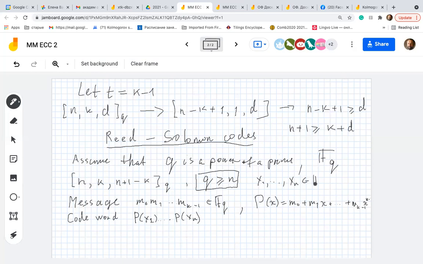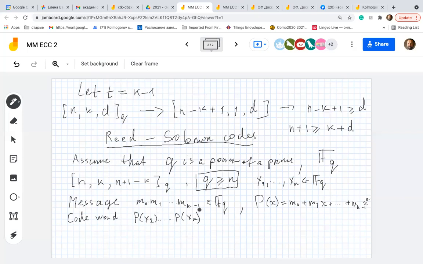To this end, we need that Q is at least n, otherwise there are no n pairwise distinct elements in the field. And it's not important which elements to choose and how to arrange them. So fix n different elements, fix their order, any order, and then we obtain a code, a Reed-Solomon code.